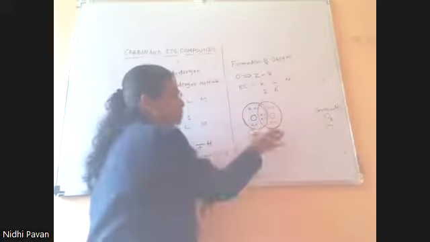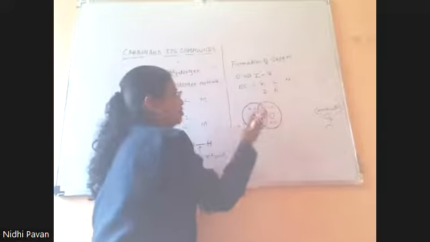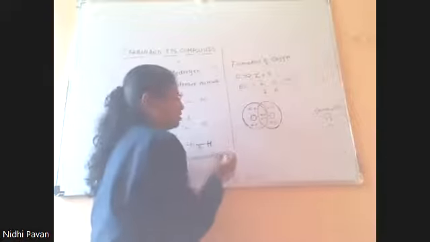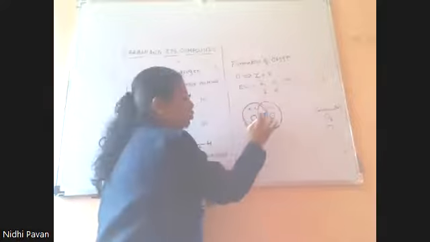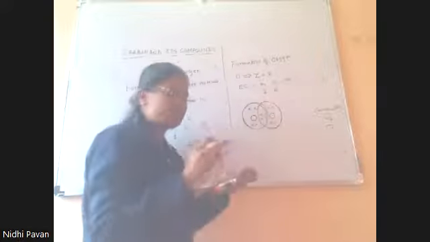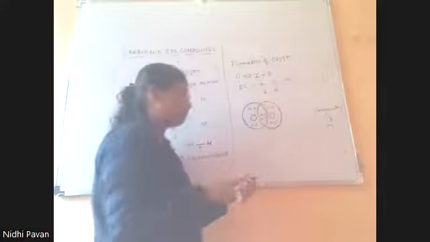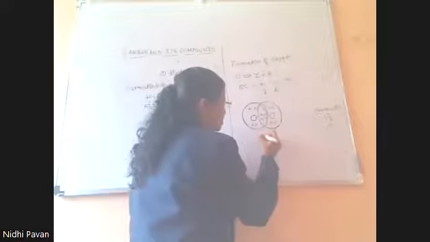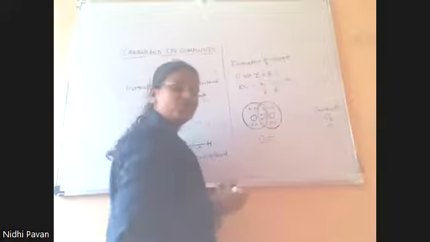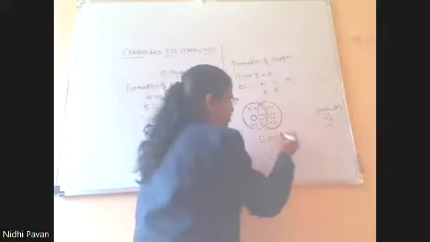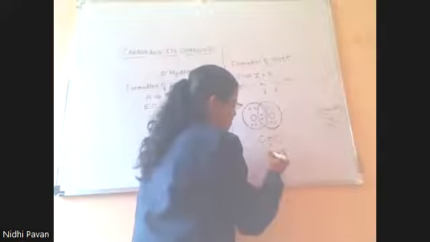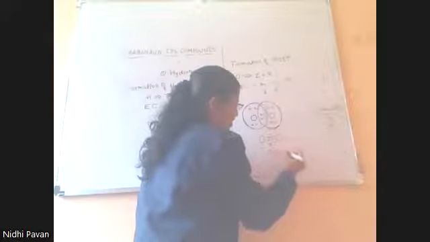So here, the oxygen molecule is formed by sharing electrons. 2 electrons means 1 pair. It shared 2 pairs of electrons. Therefore, an oxygen atom will be bonded to the other oxygen atom by 2 covalent bonds.